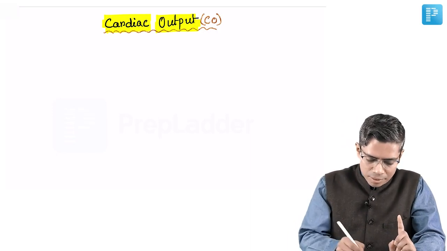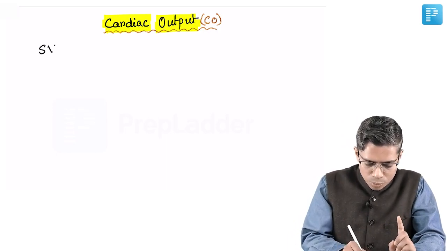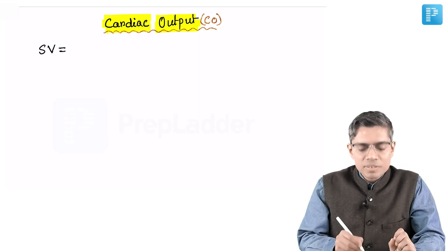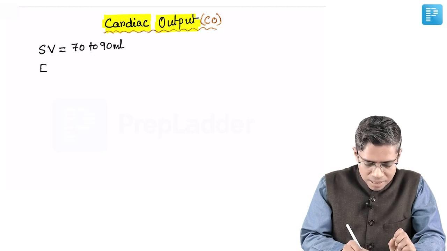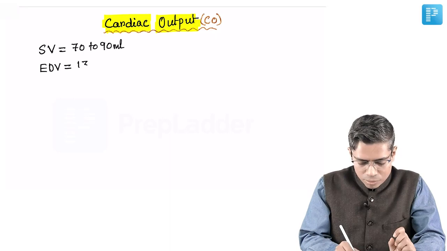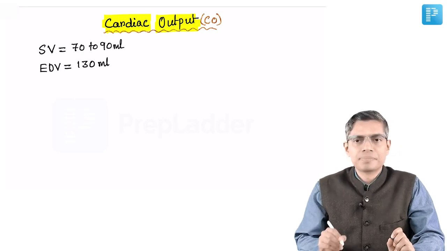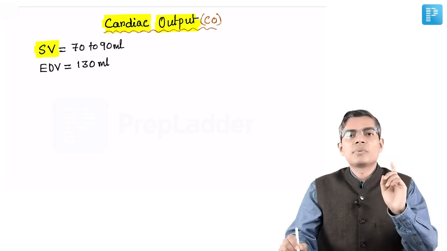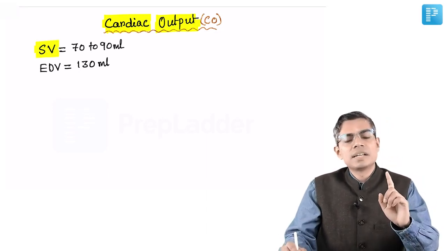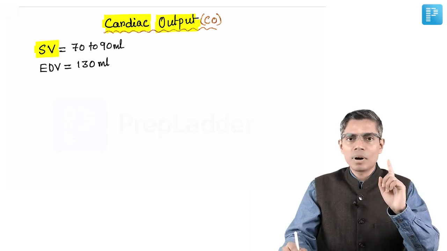So in the previous session, we have discussed that the stroke volume of a normal ventricle is 70 to 90 ml, and we have also discussed that end diastolic volume of a single ventricle is 130 ml, right? So by definition, stroke volume is the volume of blood ejected by a single ventricle per stroke in 1 beat.